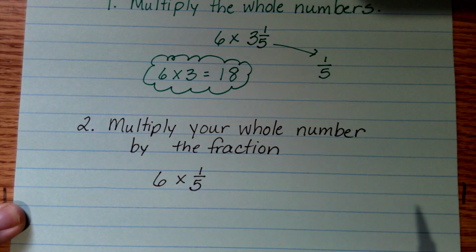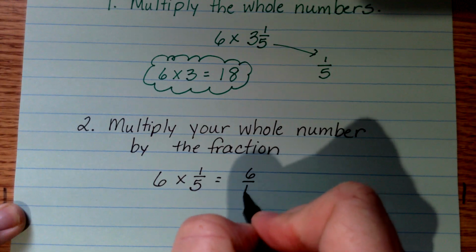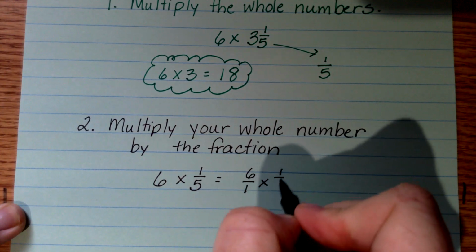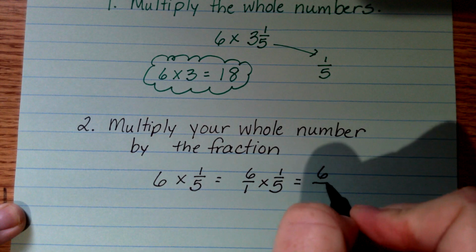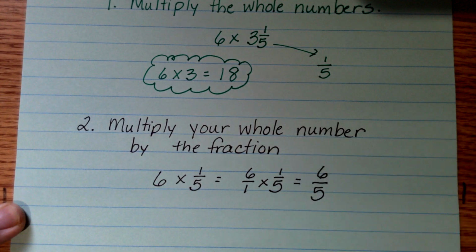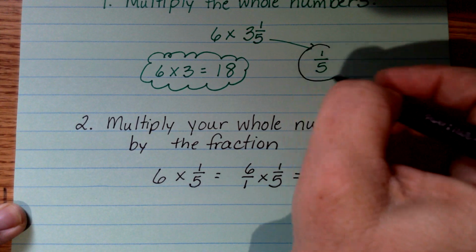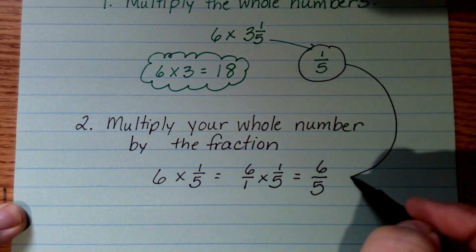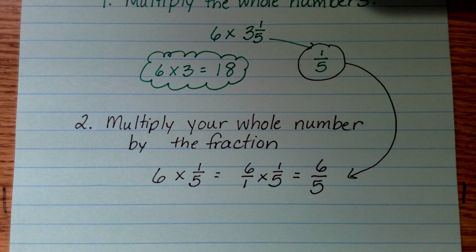So 6 times 1/5 is the same as 6 over 1 times 1/5, which is the same as 6/5. So now we've dealt with this down here. We've done 6 times 3. We've done 6 times 1/5. I wonder what's going to come next.